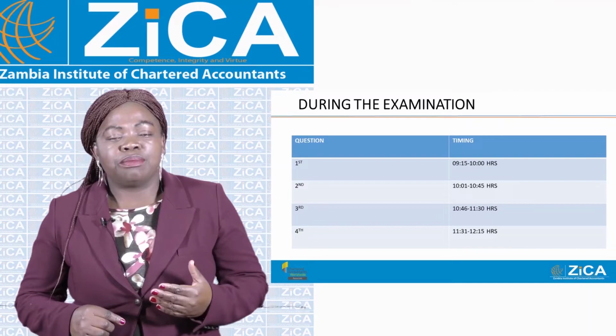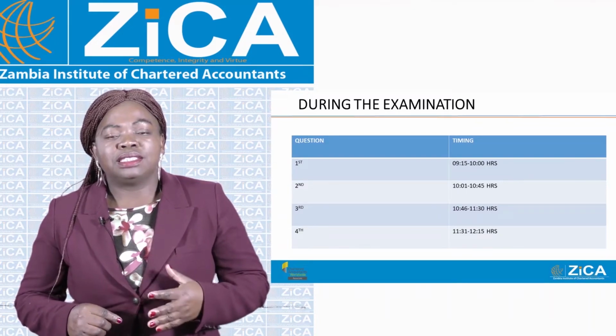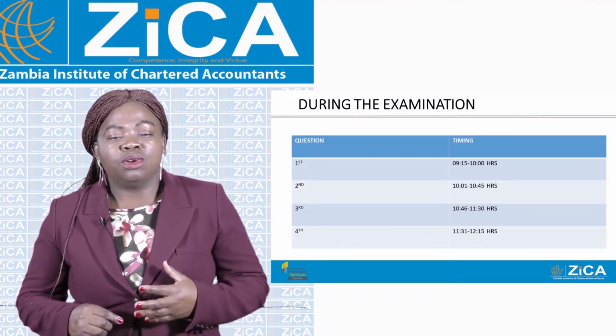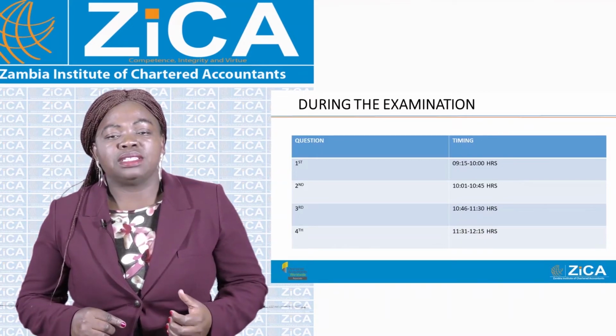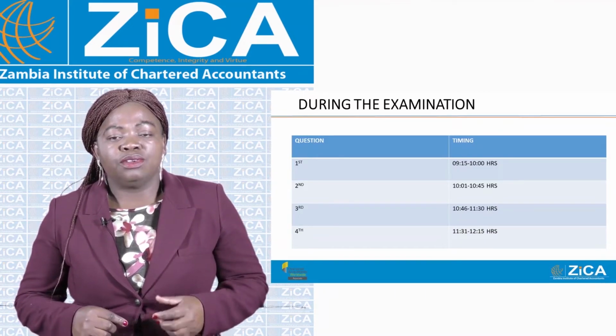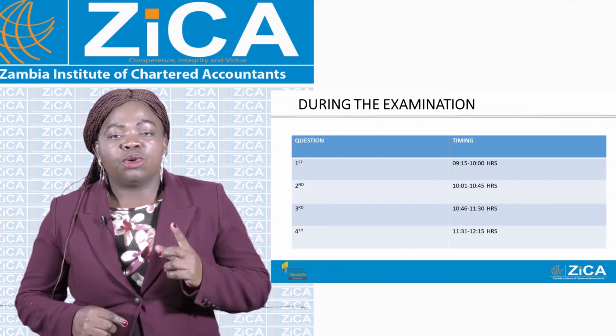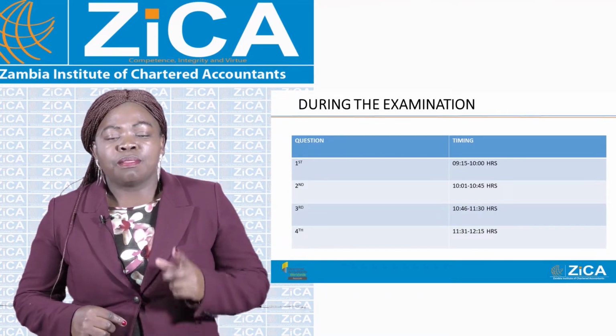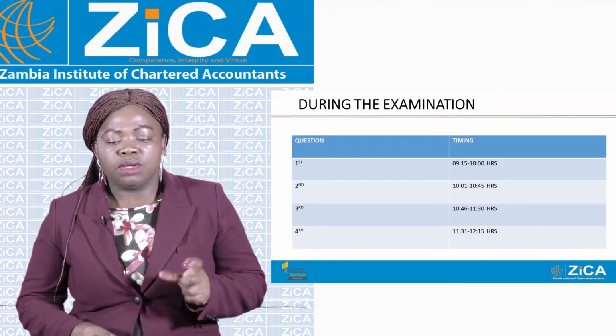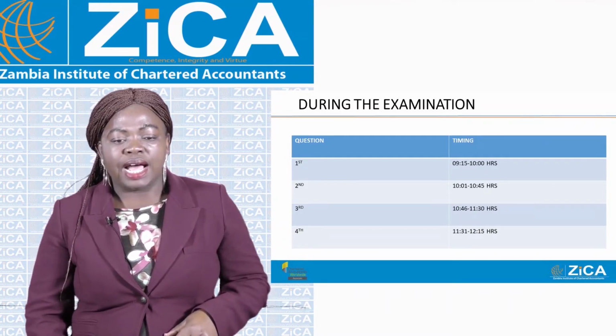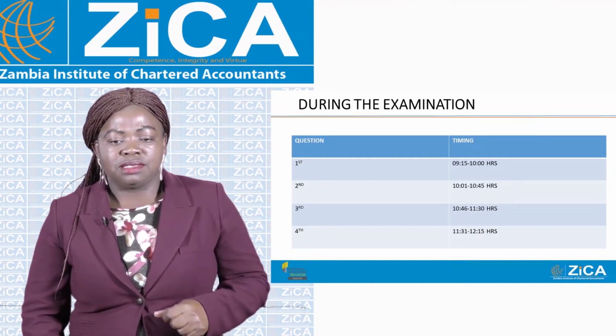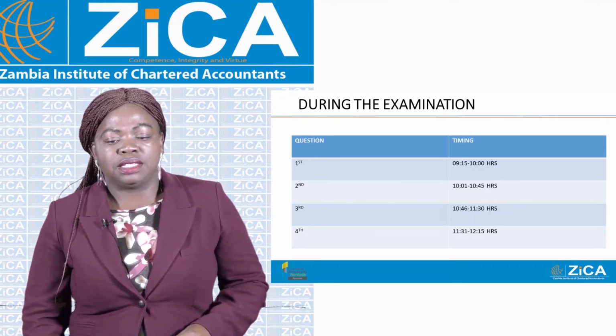It is time up and you have not touched a particular question, not even writing the first word as part of your answer. You feel so guilty. So you avoid that by making sure you don't go beyond the allocated time as you are attempting the questions. Very, very important in the exam.